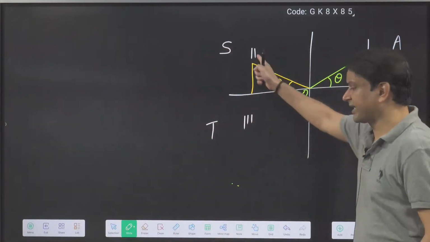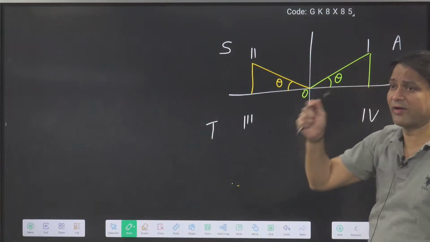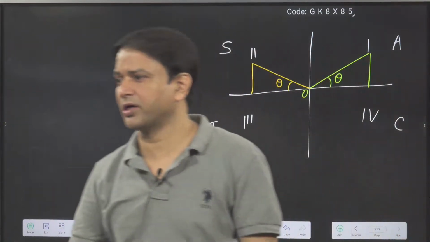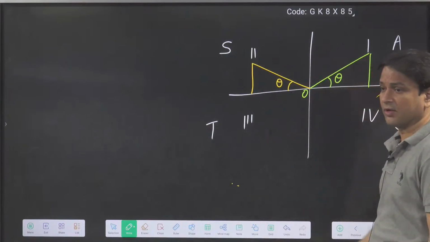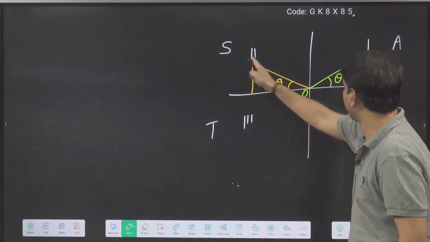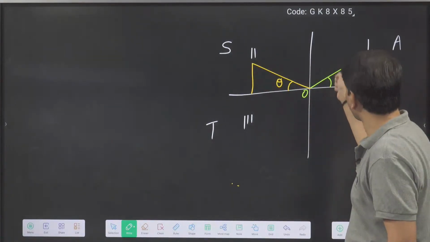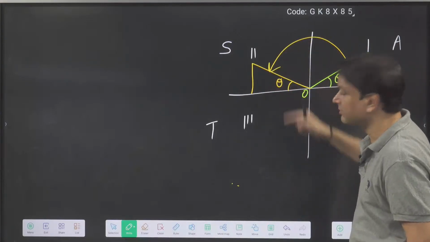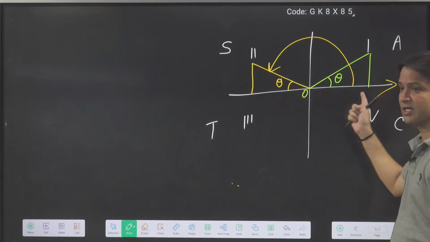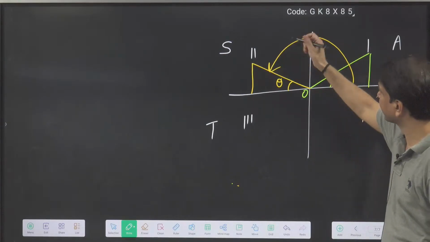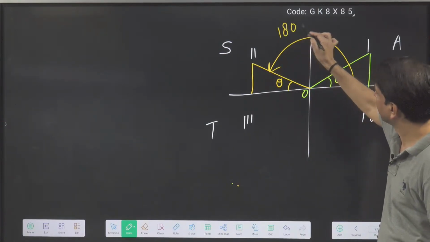So if I make this triangle in the second quadrant, how will I express this angle? This is the positive x-axis. If you want to reach this line from the positive x-axis, turning anti-clockwise, how much angle will you turn? This angle is 180 minus theta.